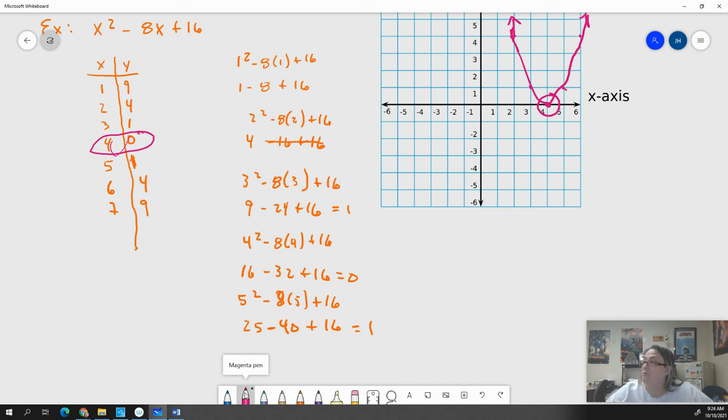So when you go to write it, you could write it as a point. You could say solution is 4, 0 or x equals 0, right? Or you could just put it on your table and circle it right there. I'll know what you're talking about.